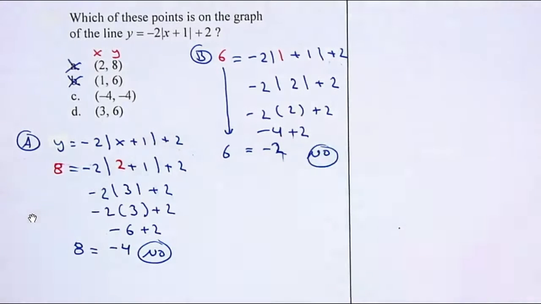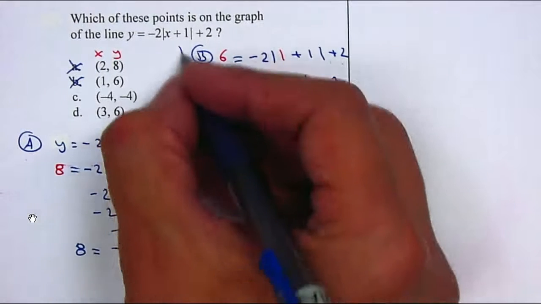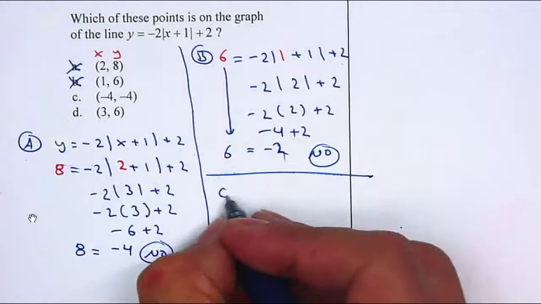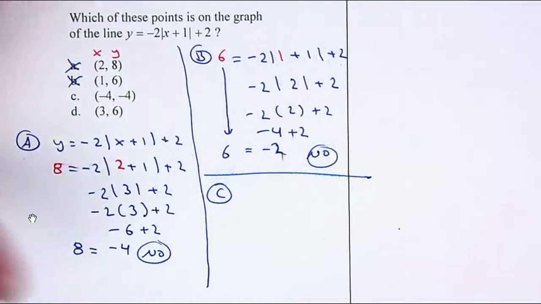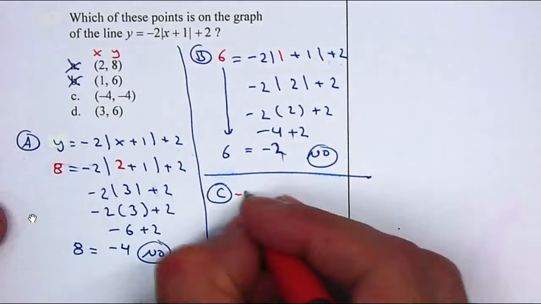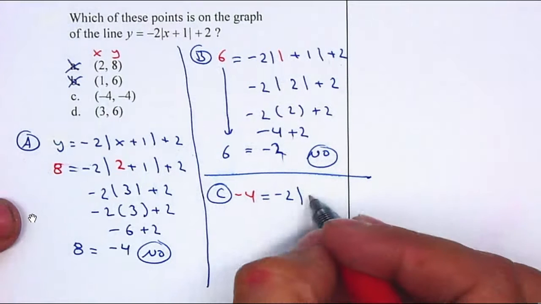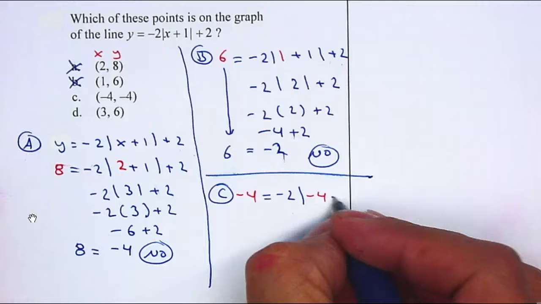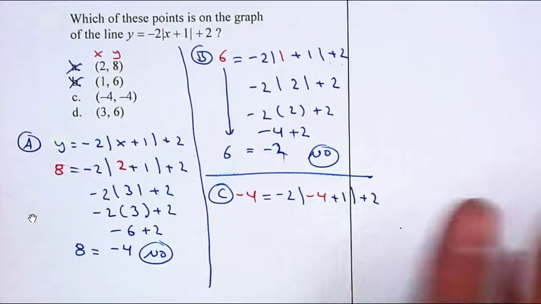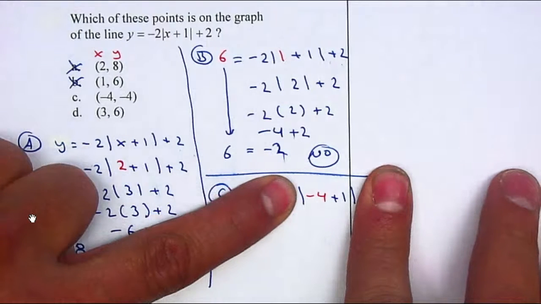So let's try letter C. Instead of the y, I'm going to plug in a negative 4. Instead of the x, I'm going to plug in a negative 4, plus 1, plus 2. Simplify what's inside. That gives me a negative 3.